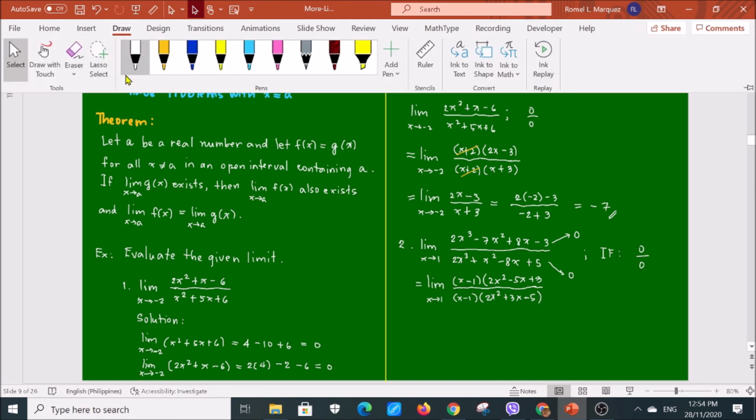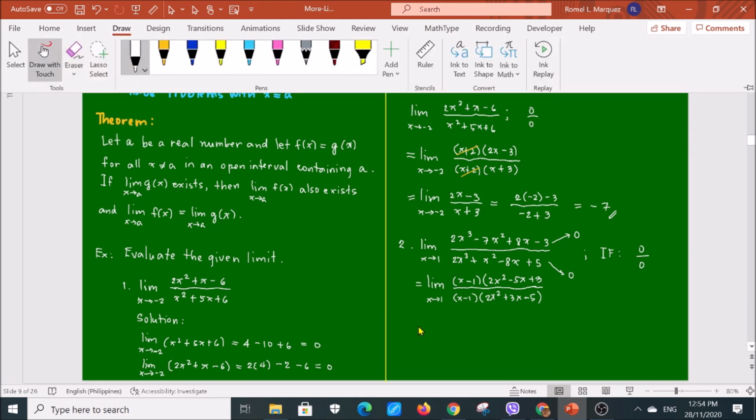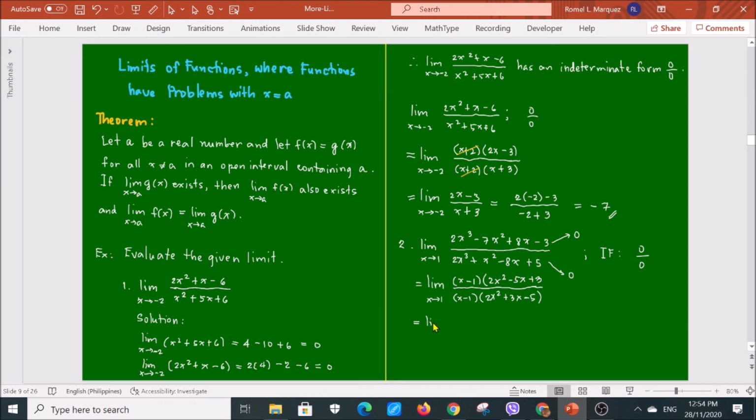So this is equal to, what is that equal to, guys? Limit as x approaches 1 of simply 2x squared minus 5x plus 3 over 2x squared plus 3x minus 5. I can cancel x minus 1, after all, x is not equal to 1, right? Remember, there is, again, a denominator.